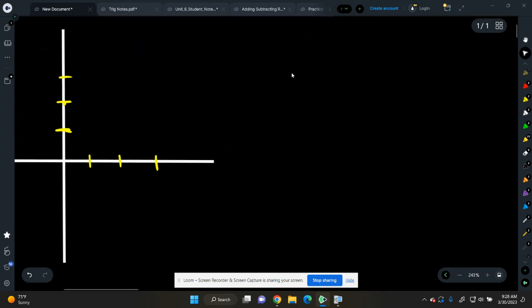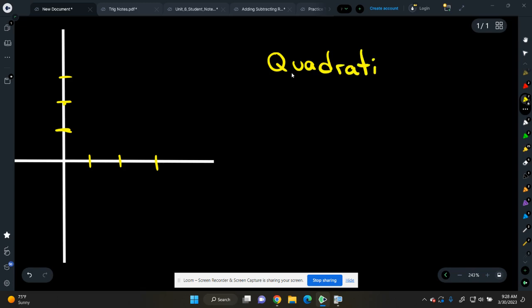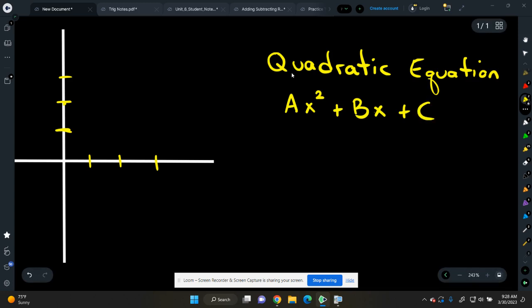Now a quadratic equation, this is what you want to write down. This is the new stuff. A quadratic equation is in the form of ax squared plus bx plus c.